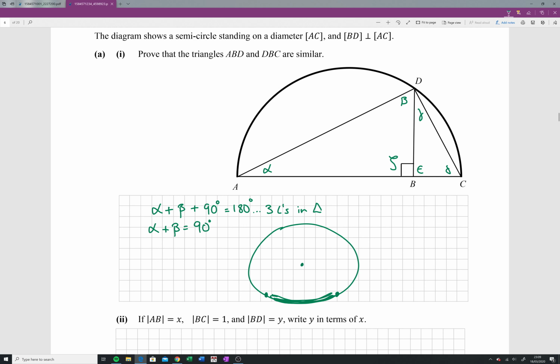If you've got an arc, and if you join the arc to the center, and if you join the arc anywhere on the circumference, what you'll find is that the angle that you have in here will be twice the angle that you have up at the circumference. Okay, so that's called angle at the center is twice the angle at the circumference. And a run on from that is, if you have a really big arc, to be exactly half the circle. Okay, so that's it there.